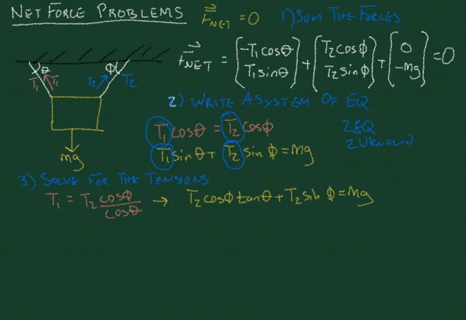So in other words, we see that T2 is equal to mg over cosine phi tan theta plus sine phi.